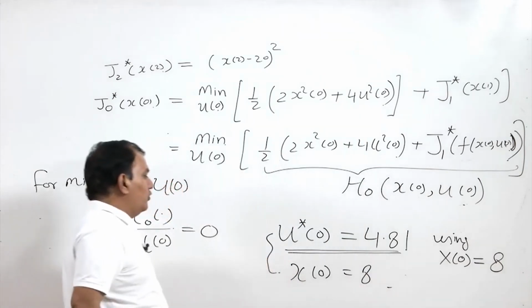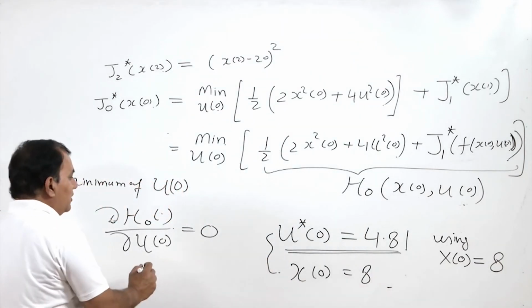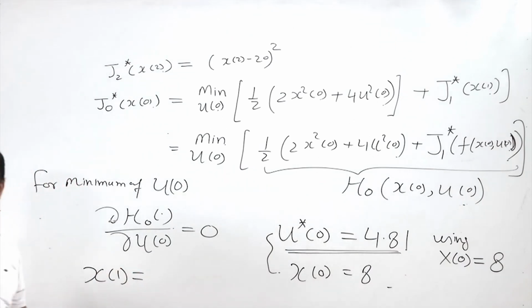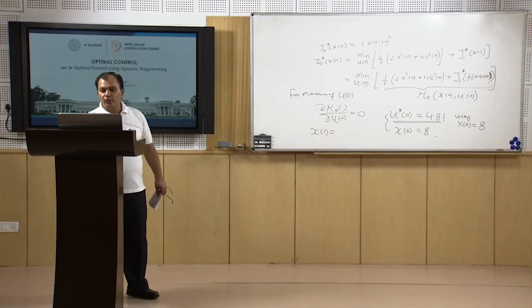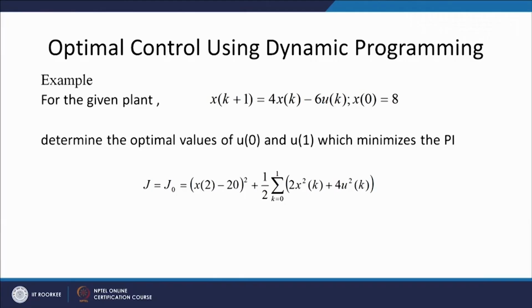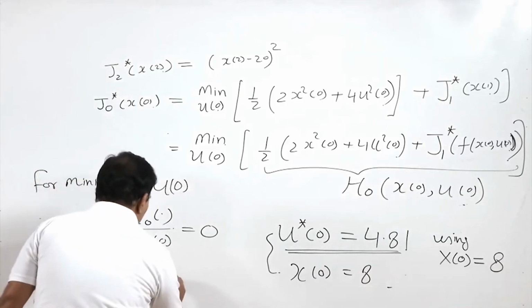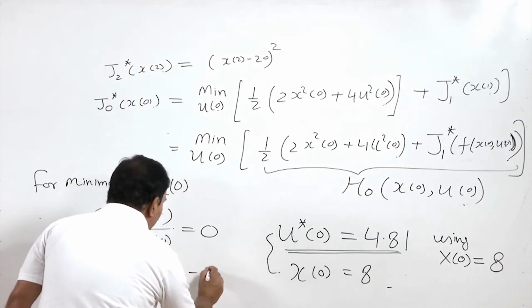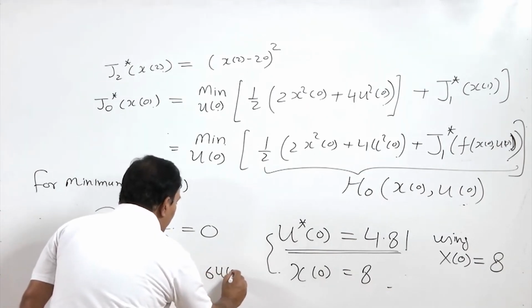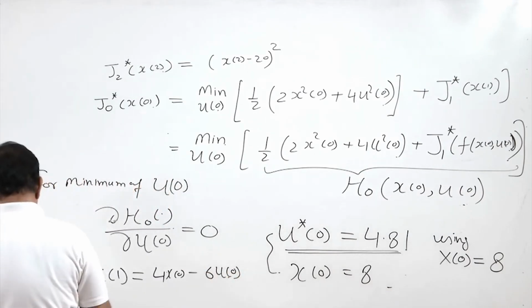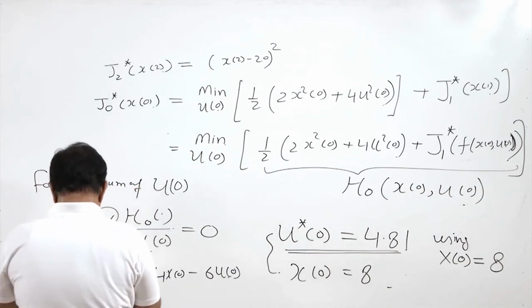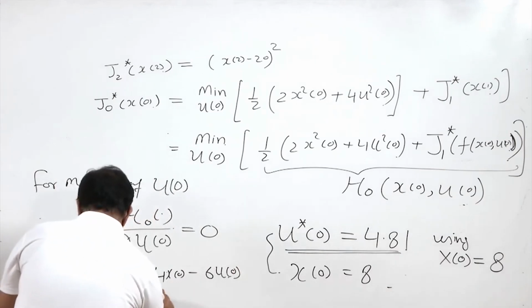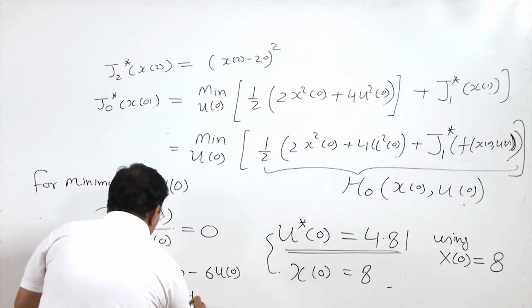If these two values are known to me, I can find out x1. My x1 is 4 of x0 minus 6 of u0, and if you place these values, this is nothing but 3.14.